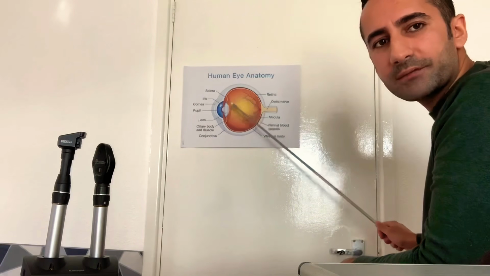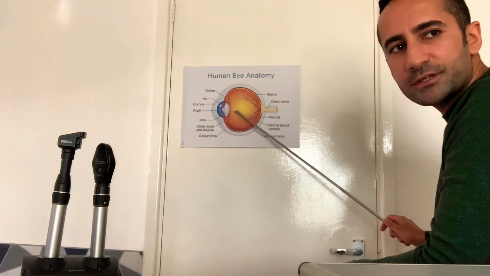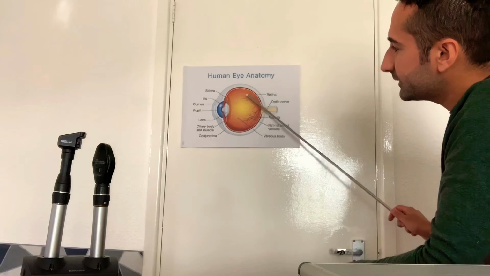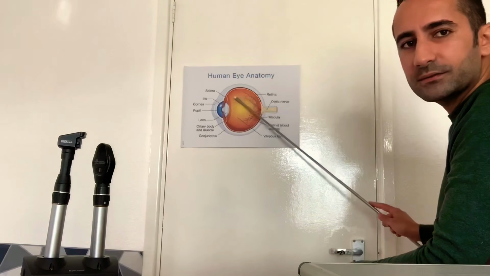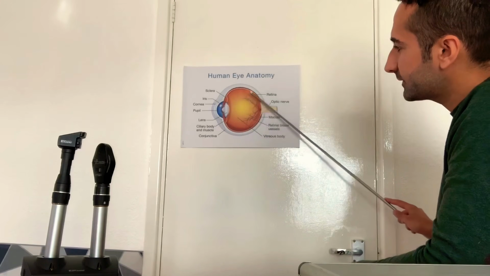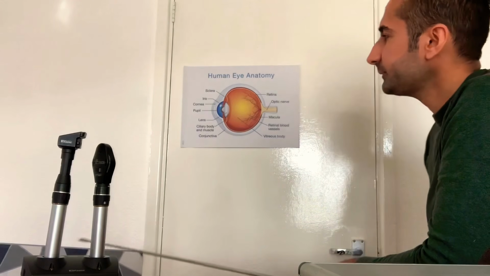So, going even more posterior, we have the vitreous humour, which is like a jelly, contained all in this part of the eye. That will maintain the shape of the eye.